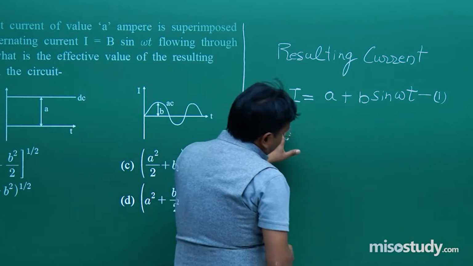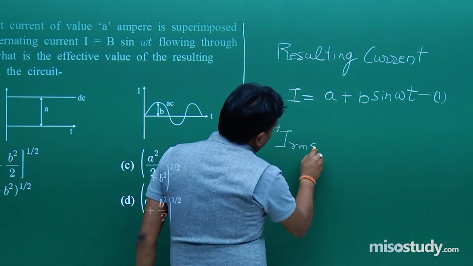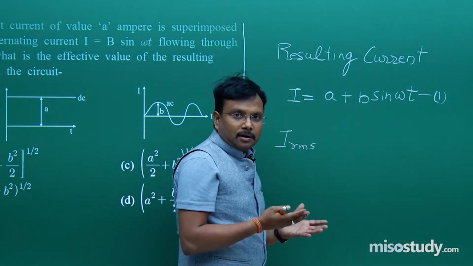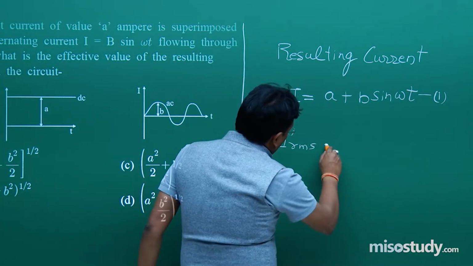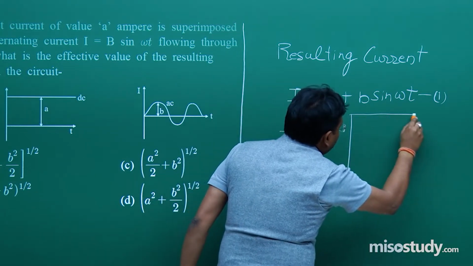Fine. Now, after this, IRMS, because you know the root mean square value is more important than the peak value. So IRMS is equal to big under root.